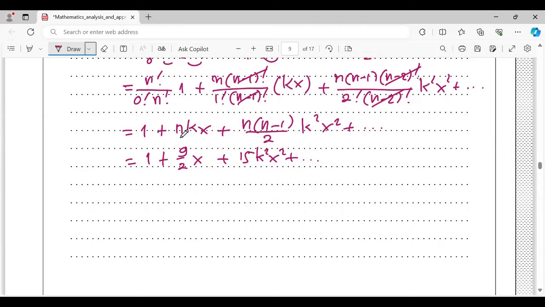Right. Now look that nkx equals 9 over 2x. Eliminate x, right? Yeah, so nk equals 9 over 2.